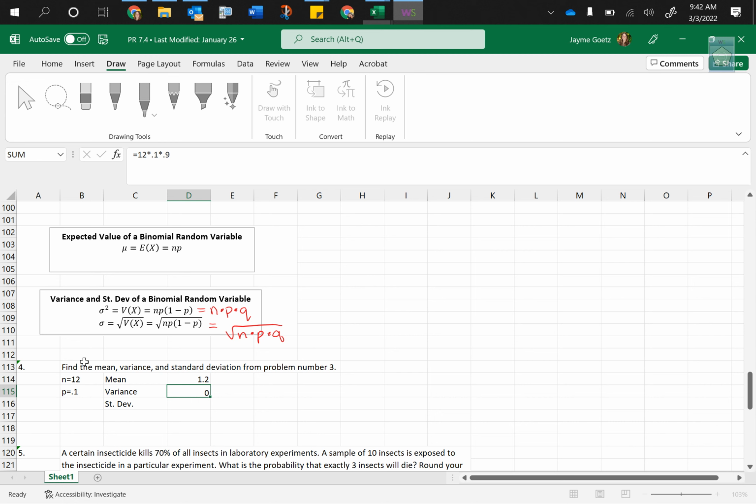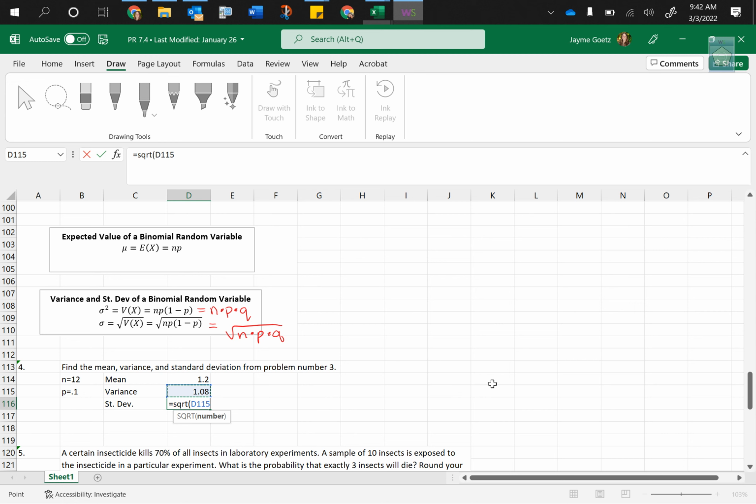Okay, then the standard deviation, you could type it in. You could go square root of 12 times 0.1 times 0.9, or we could just go equals square root of, and then I'm just going to click the cell with my variance in it, because I already have the variance. Why would I type it in again?